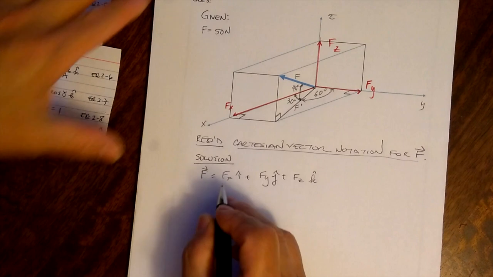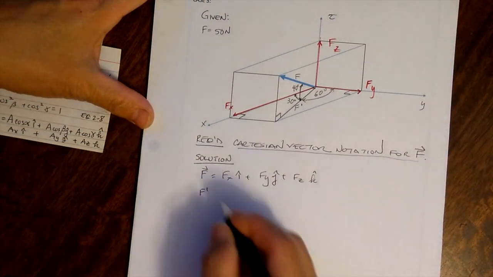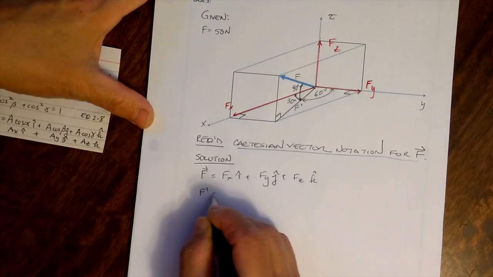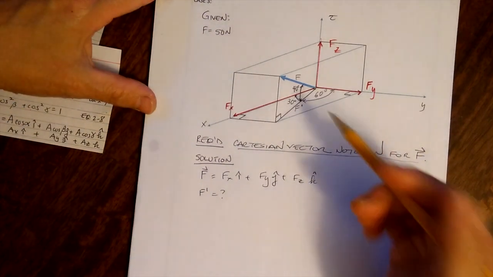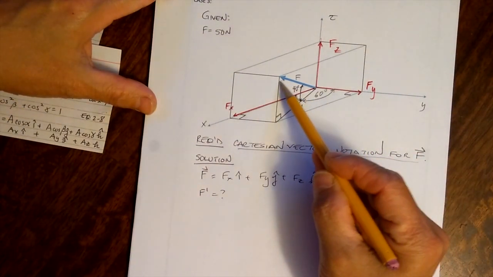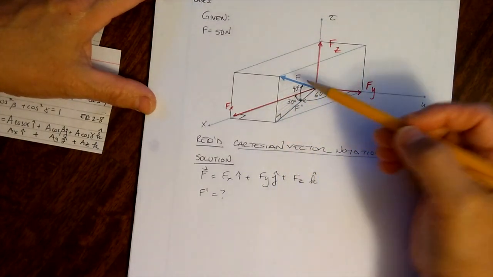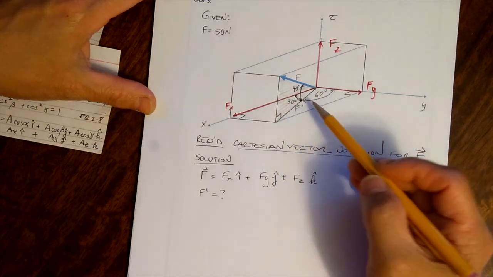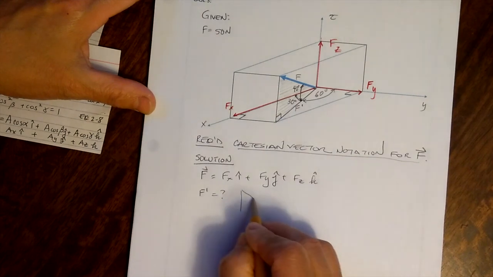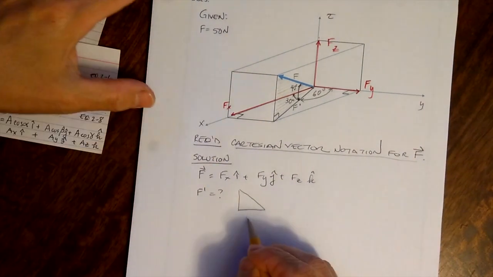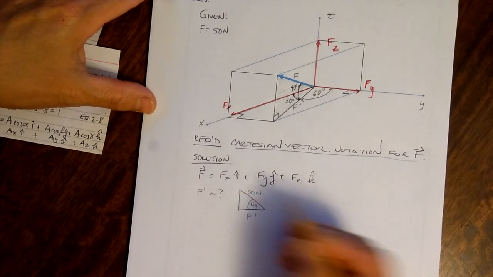So let's go ahead and do that. The first one, I want to find F prime. That would mean I am working with a triangle that looks like this, which would be this triangle right here. That would include that 40-degree angle, so it would look something like this, where this is F prime, this is 40, this is 50 newtons.